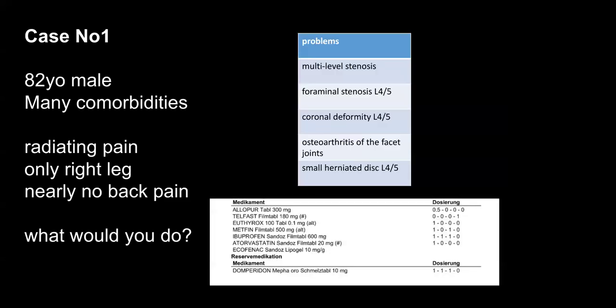So the medications I put here, you see, he's diabetic. He takes a lot of NSAIDs like diclofenac or ibuprofen, which is not good for the kidneys. And if you have a look at his blood sample, there's not really a parameter which makes you happy.